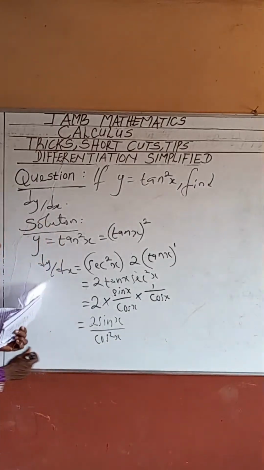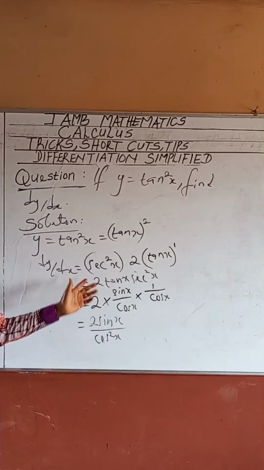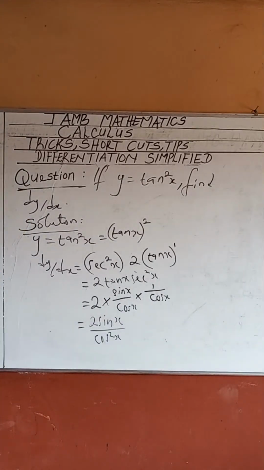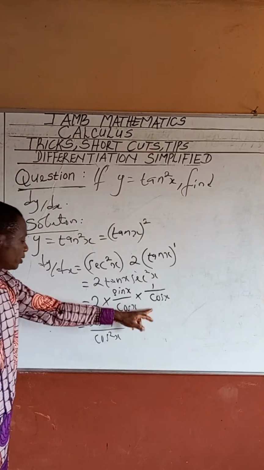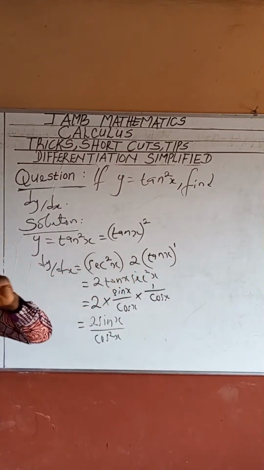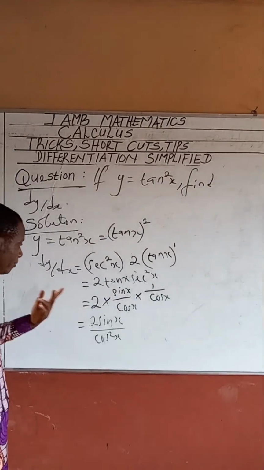Cos square x. So it can be like this, and it can be in any other form. It can be in this form or this form, whichever form you see it in the exam. Some of us are writing this evening.